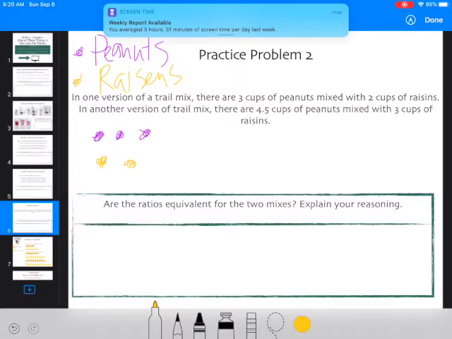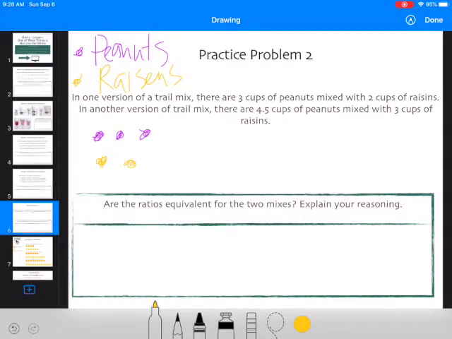In the other one, they have 4.5 cups of peanuts with 3 cups of raisins. So it's 1, 2, 3, and then 4.5 cups of peanuts. So it's 1, 2, 3, 4.5. So that's a half. We just got to make sure we recognize that.